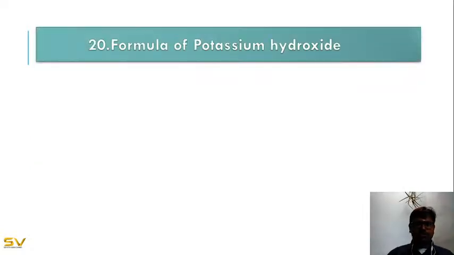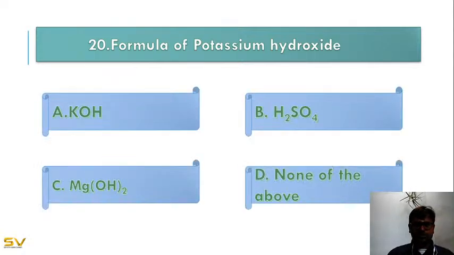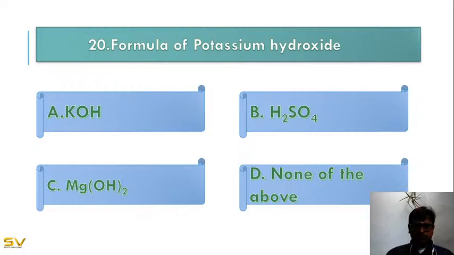Now coming to the next question. Formula of potassium hydroxide. So what is the formula for potassium hydroxide? So KOH, H2SO4, MgOH twice, none of the above. Waiting for the answers.